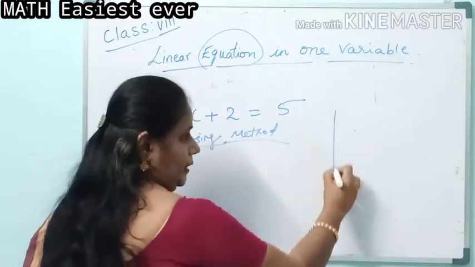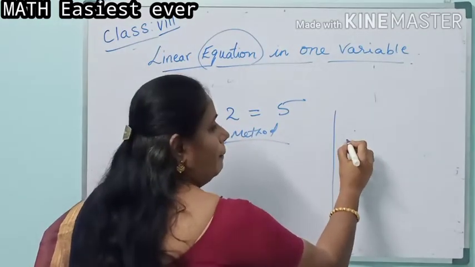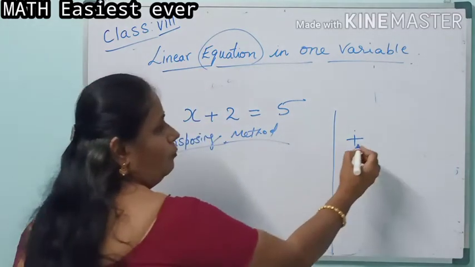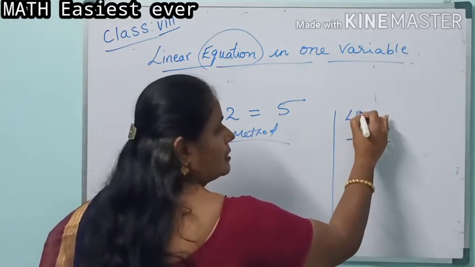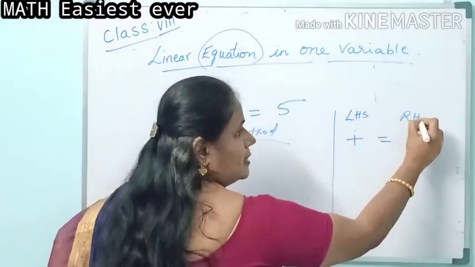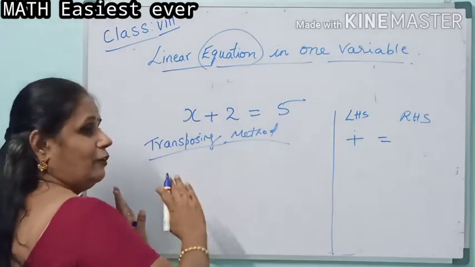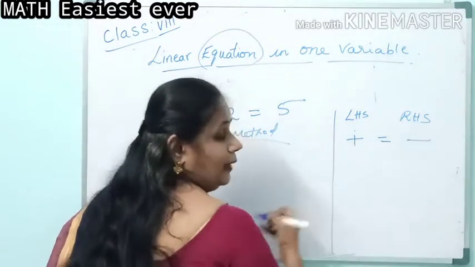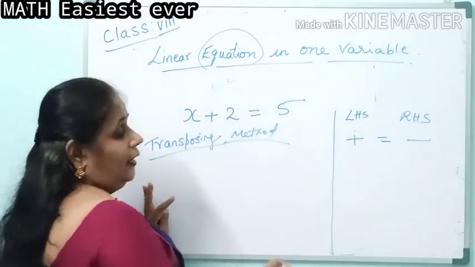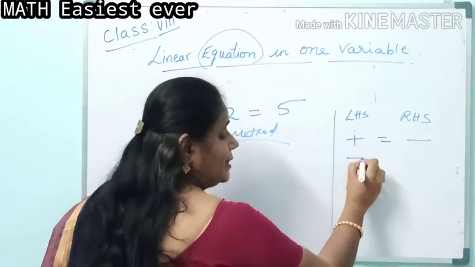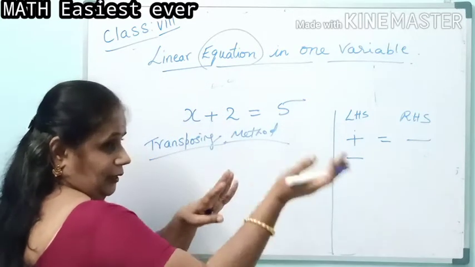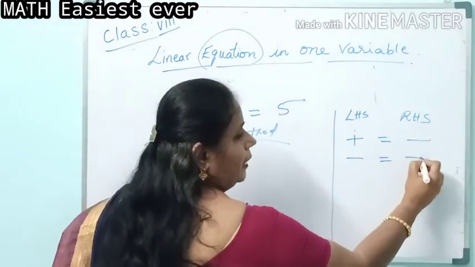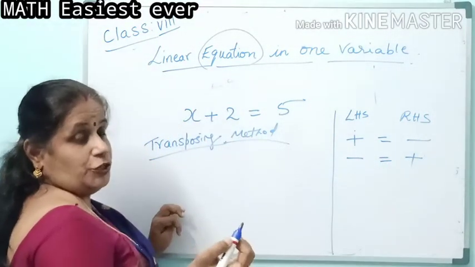Transposing method means, this is the left hand side and this is the right hand side. If you have plus and you are transposing it to the right hand side, the plus sign will become minus sign. If you have minus sign and you want to shift it to the right hand side, the minus sign will become plus sign.